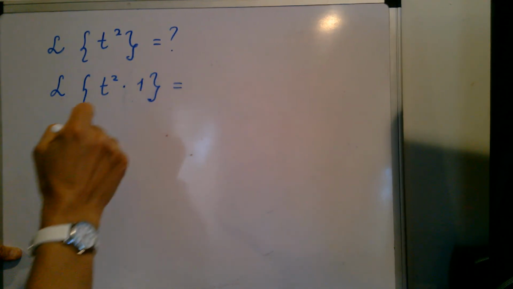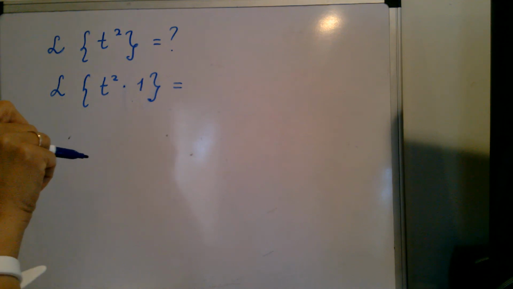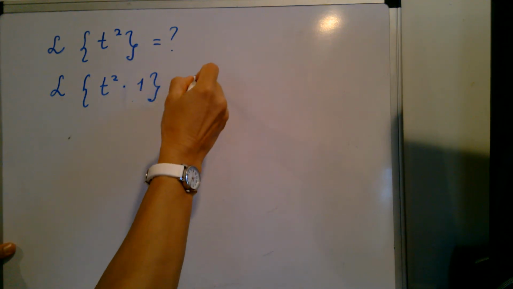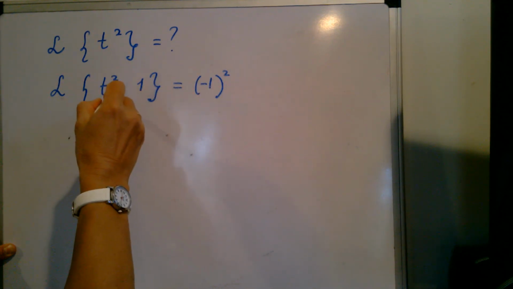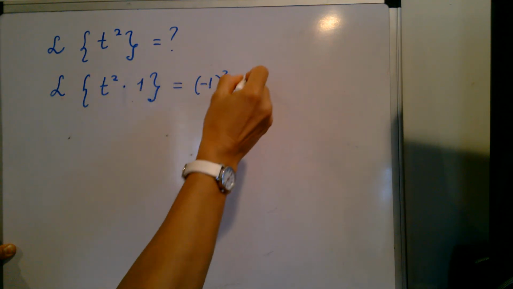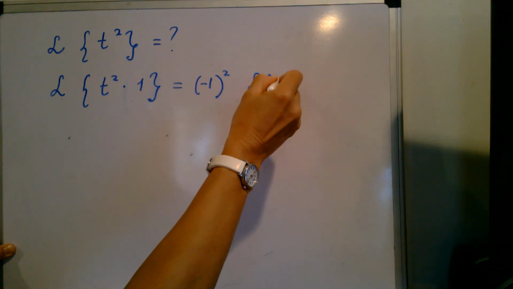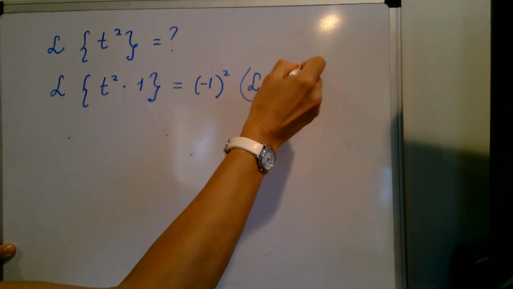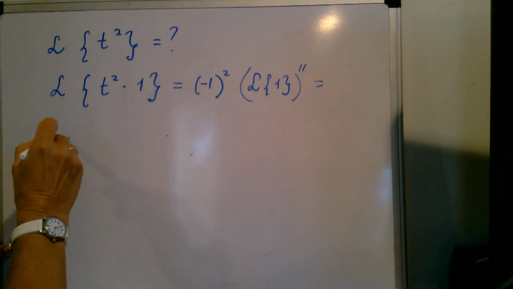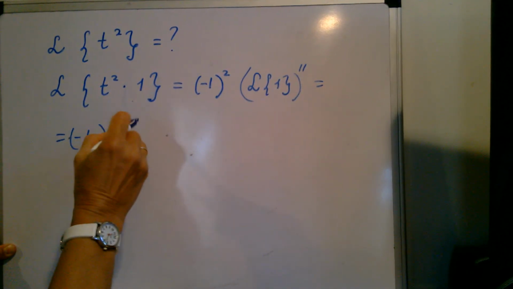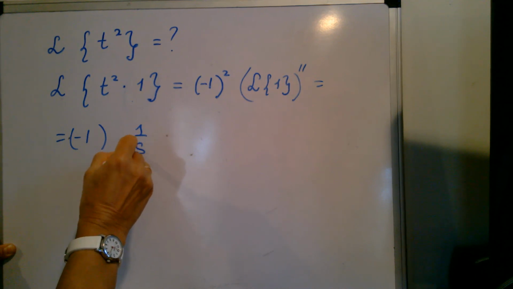Multiplication by 1. So what is it going to be? It's going to be minus 1 to the power of 2 using property number 5, right? And then the Laplace transform of 1 differentiated twice. You probably still remember the Laplace transform of 1. It was 1 over s.